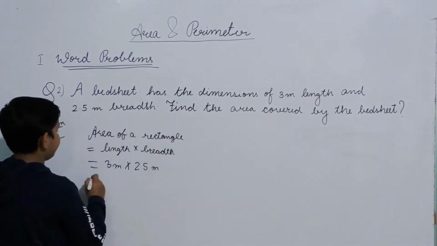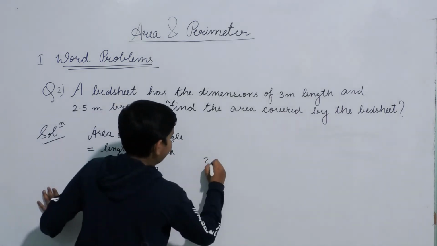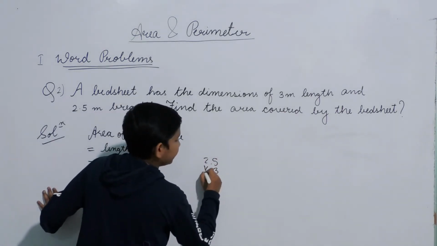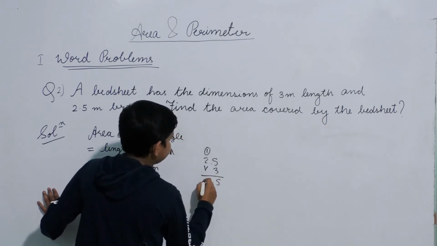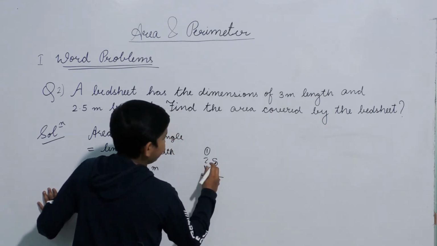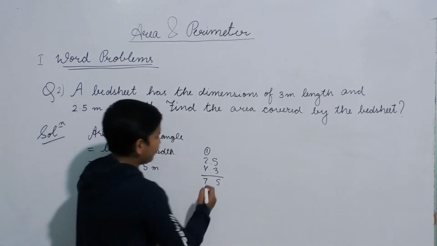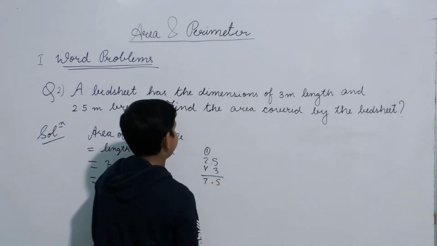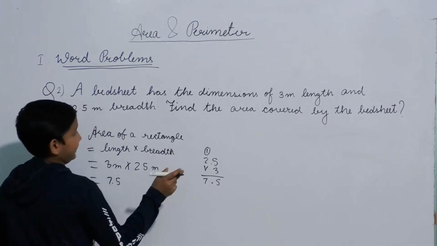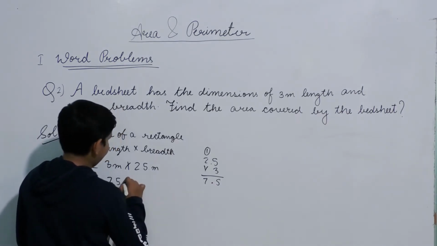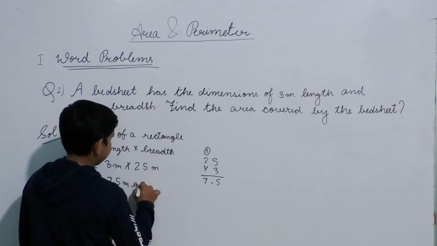Now we will multiply it. 2.5 multiplied by 3. 3 5s are 15, we carry 1. 3 2s are 6, plus 1 is 7. And because there is a point, we will add a point here. So we get 7.5. So the area of the bedsheet is 7.5 meters.